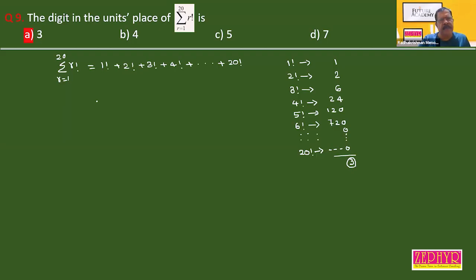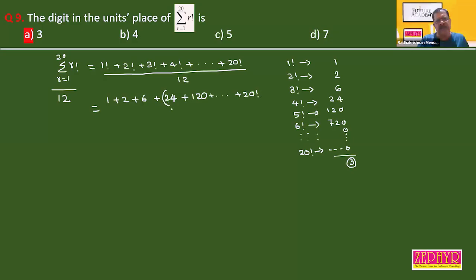Suppose if you are dividing this by 12, what is the remainder? So this also we are dividing by 12. Same way, 1 factorial, 2 factorial, and all the remaining factorials will be multiples of 12. That means 5 factorial, 120, also is a multiple of 12, plus etc., 20 factorial.